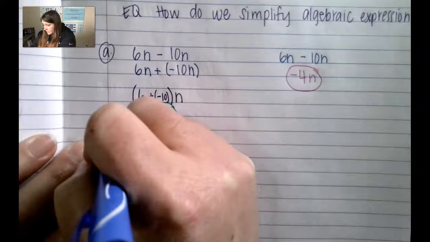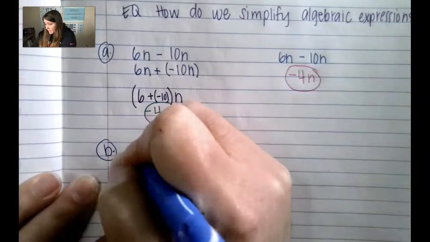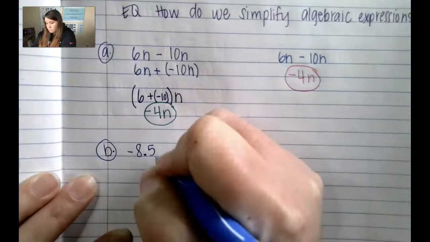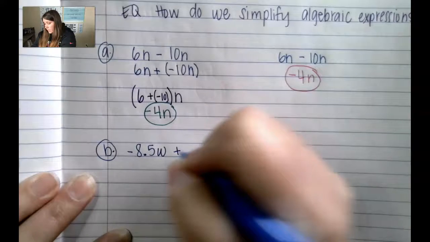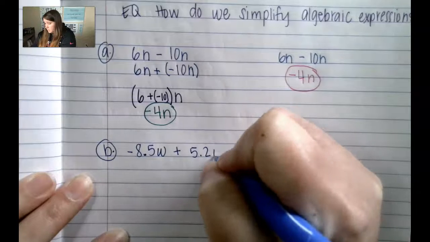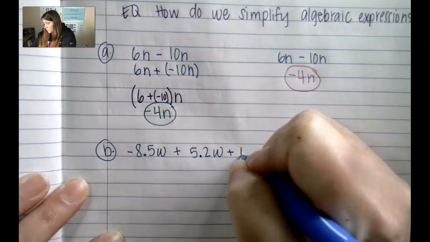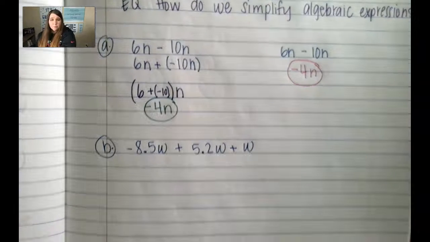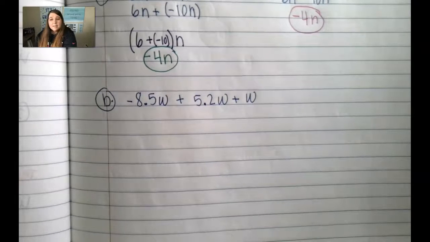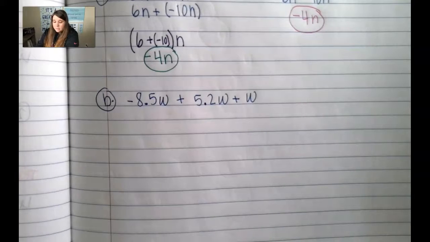This example has us using rational numbers. So we have negative 8.5 w plus 5.2 w plus we have just 1 w. So again, we can pull out the w and start by just combining the things that are the same.